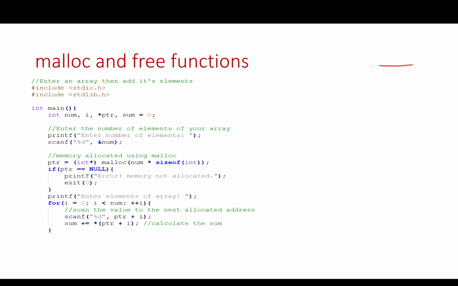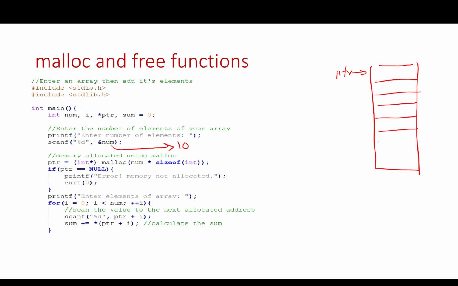Let's give a small example where the user entered num as 10, okay? So this pointer will point here, and then you have 10 memory locations: 0, 1, 2, 3, 4, 5, 6, 7, 8, 9. Now it's okay.